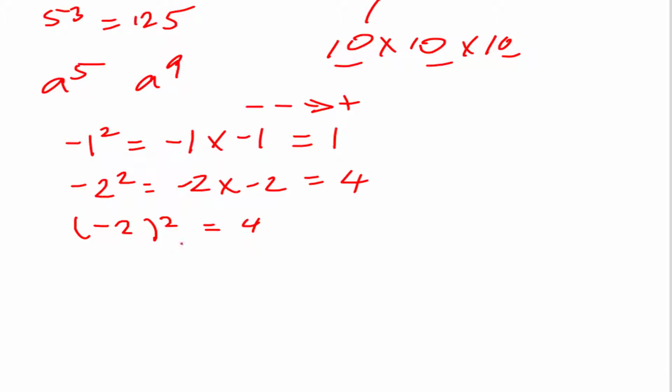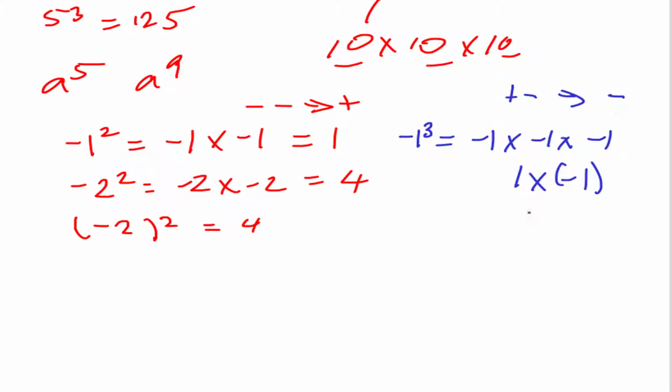It goes 4. Okay, if you have cubed, same, we get a different pen. So you have minus 1 cubed. That's the same as minus 1 times minus 1 times minus 1. So we take half of it here, minus 1 times minus 1, which is 1, times minus 1. So now if you got positive and negative, that becomes negative. So you end up with minus 1.